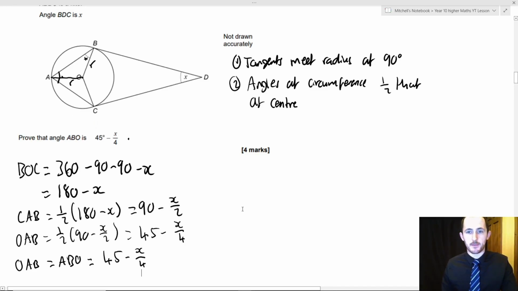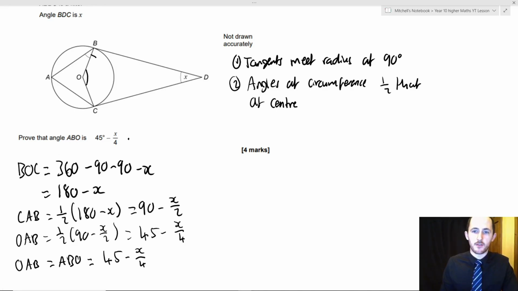So, quick recap. We started off trying to find out what angle BOC was, which was this angle over here. And the way I did that is I know that these two are right angles because of reason number 1. Tangents meet radiuses or radii at 90 degrees. So this angle here is going to be 360 because angles in a quadrilateral add up to 360, minus the 2 right angles minus x.